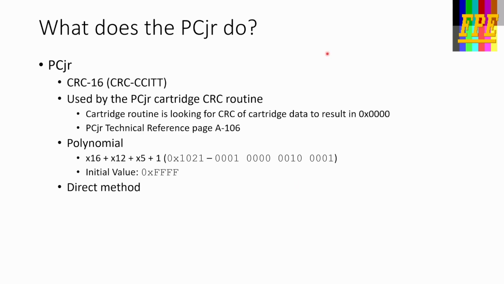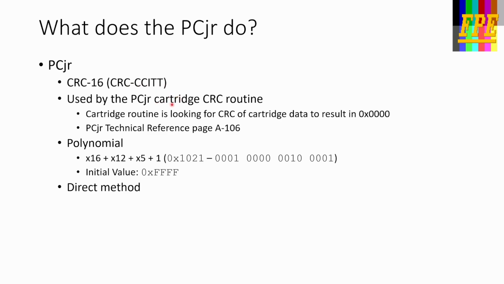So now we've finally gotten the background out of the way, and at this point you should have a basic understanding of how the CRC routines work. What exactly is the PCjr doing? Well, before we go into the details, just in brief, it is using the CRC-16 or CRC-CCITT algorithm.